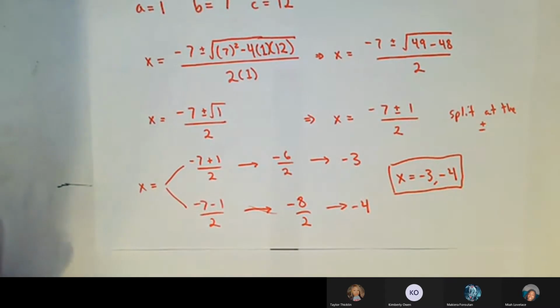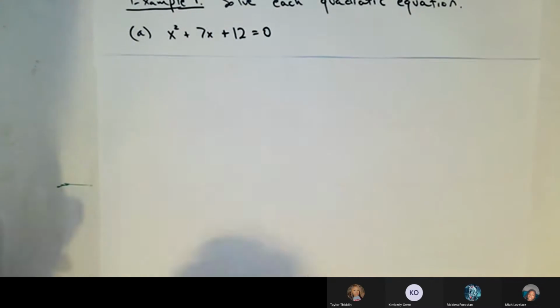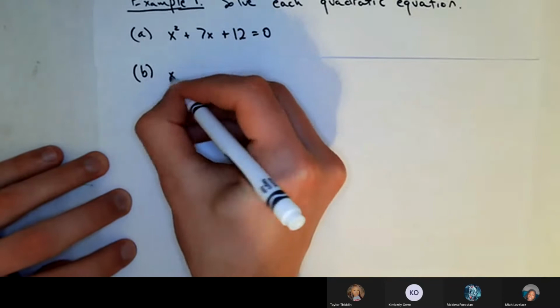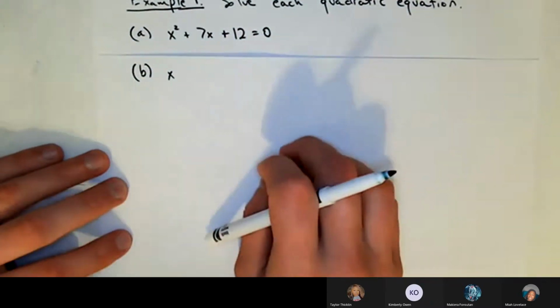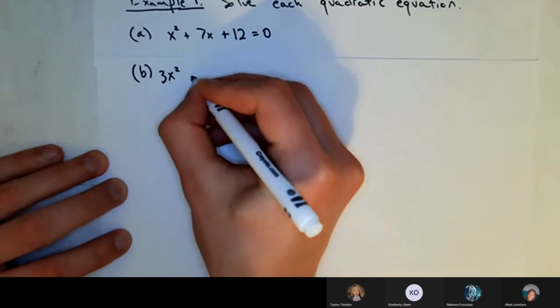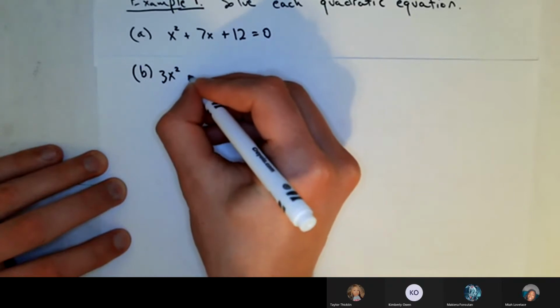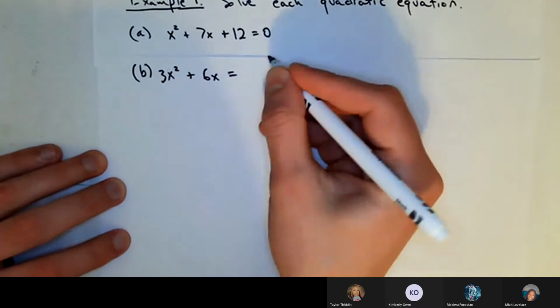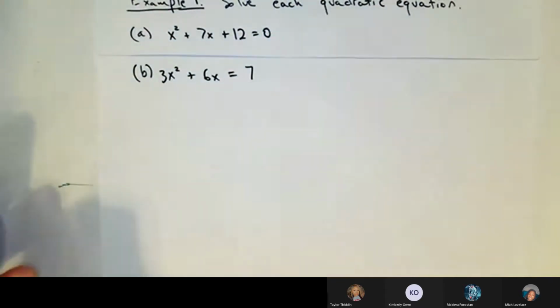So let's try another one. Let's say part B. Let's say 3x squared plus 6x is equal to 7.